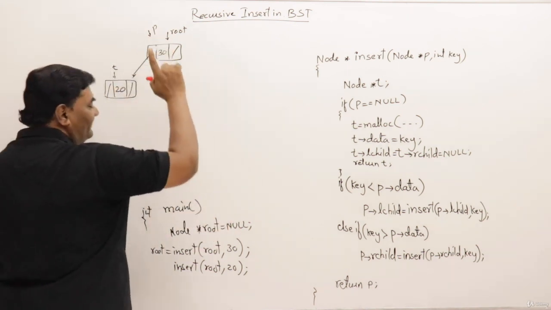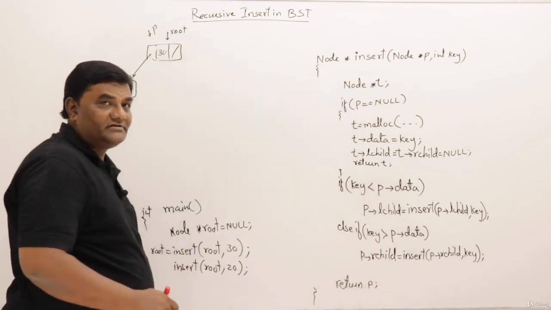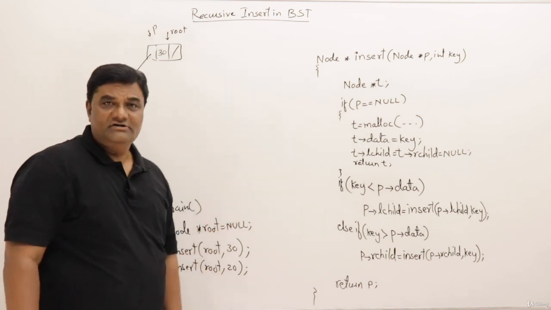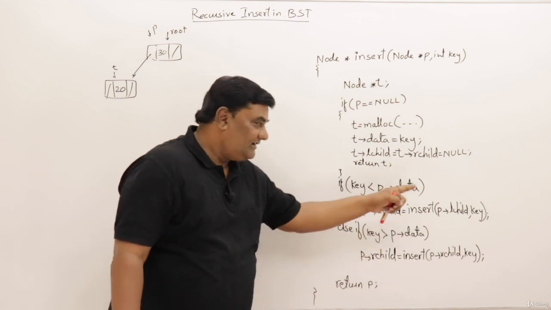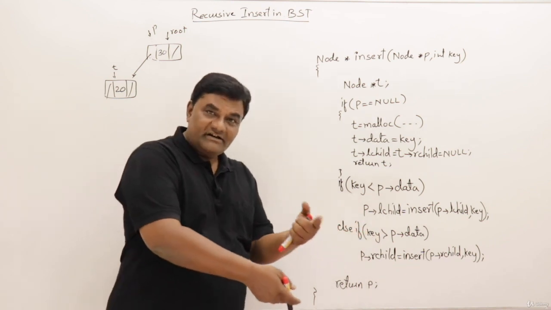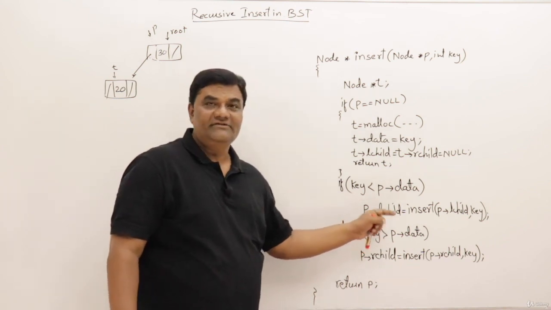From this call also it will return the same address P from this node. It will go back to the previous call, but there was no previous call; this was the first call. So this is the only important statement that I have to explain: a new node is created and assigned as a left child. When it returns, it returns the new node's address, which is assigned to the left child.